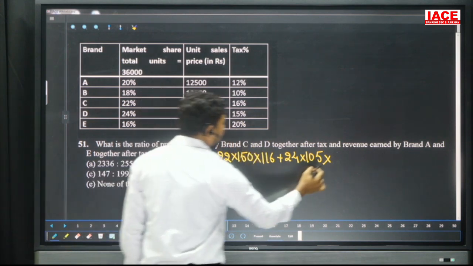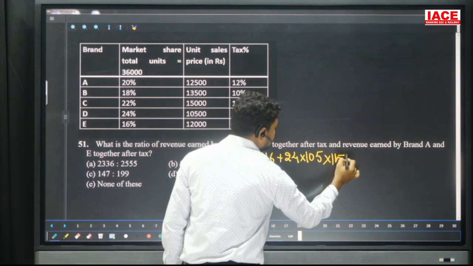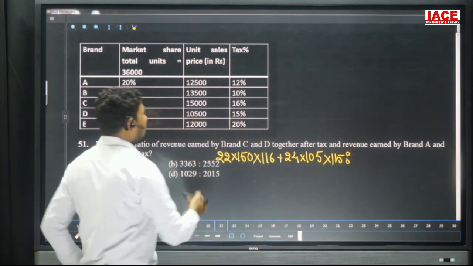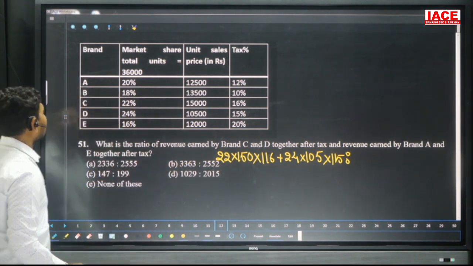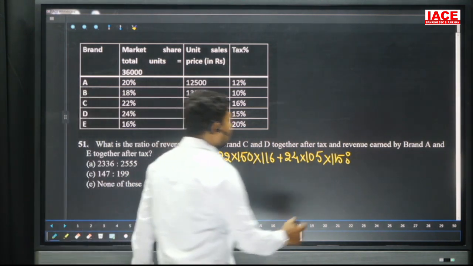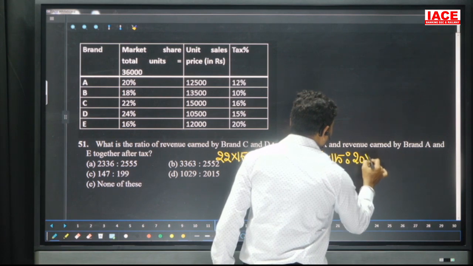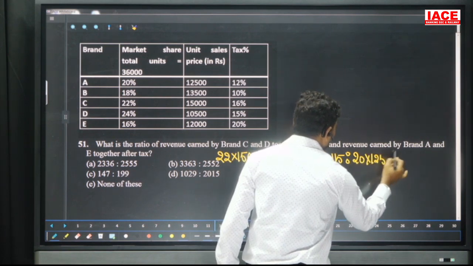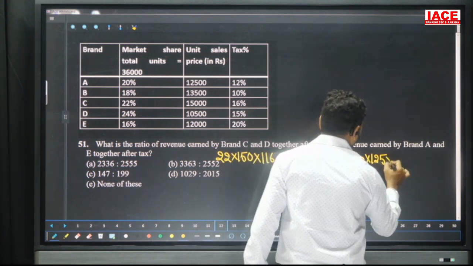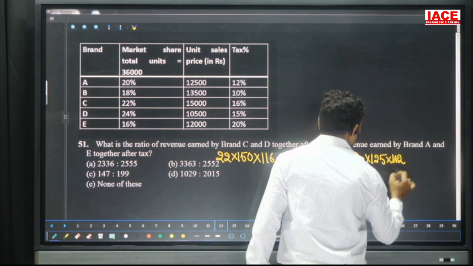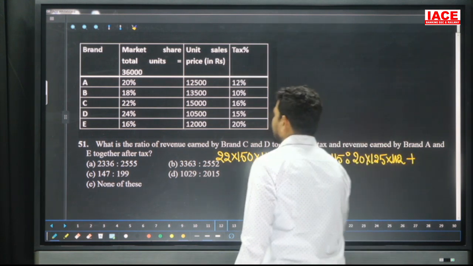And next 115, this ratio to next, this is CD. Next we should write AE, 20 into 125, 20 into 125 into 112 plus, next we should write E also.